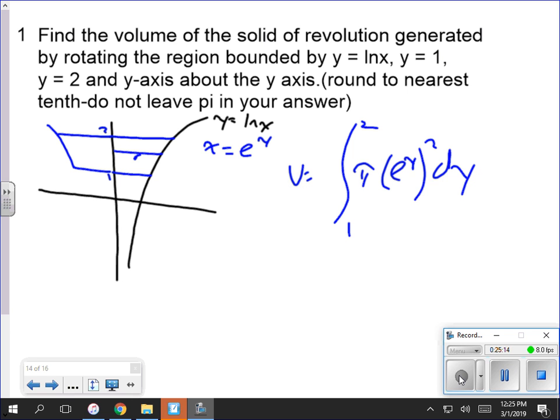Now you can plug that into your calculator if you were solving it by hand, but it does ask for decimal answers. I actually worked it out.